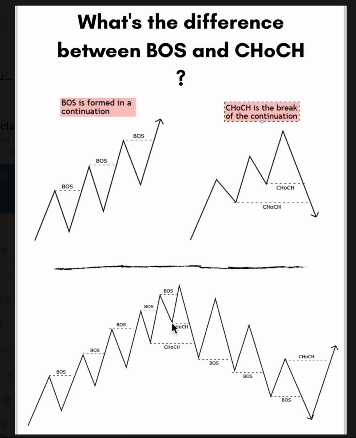When the important swing low breaks, this is where the change of character happens. But we have the fake and the real ones, so you have to know how to differentiate. And this is another reversal of the trend. Trend reversal happens when we have the CHOCH. After the CHOCH, then this is a downtrend.